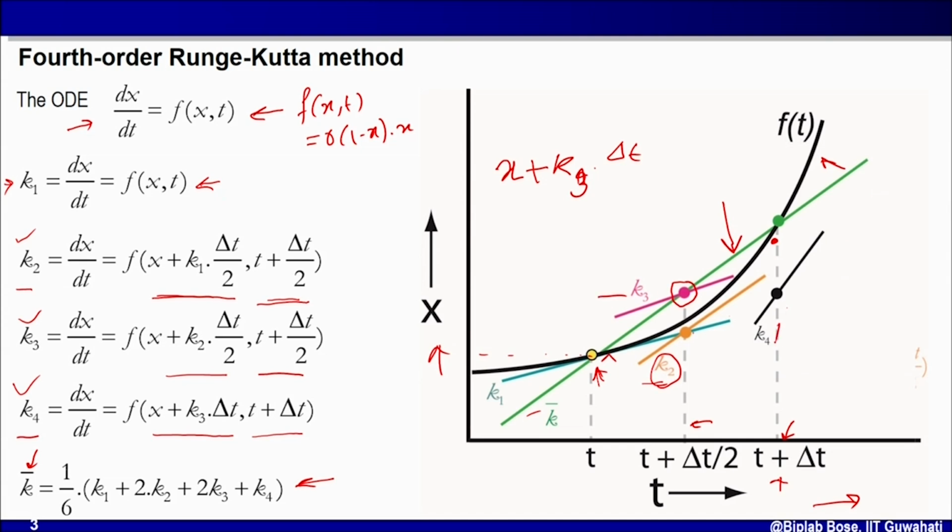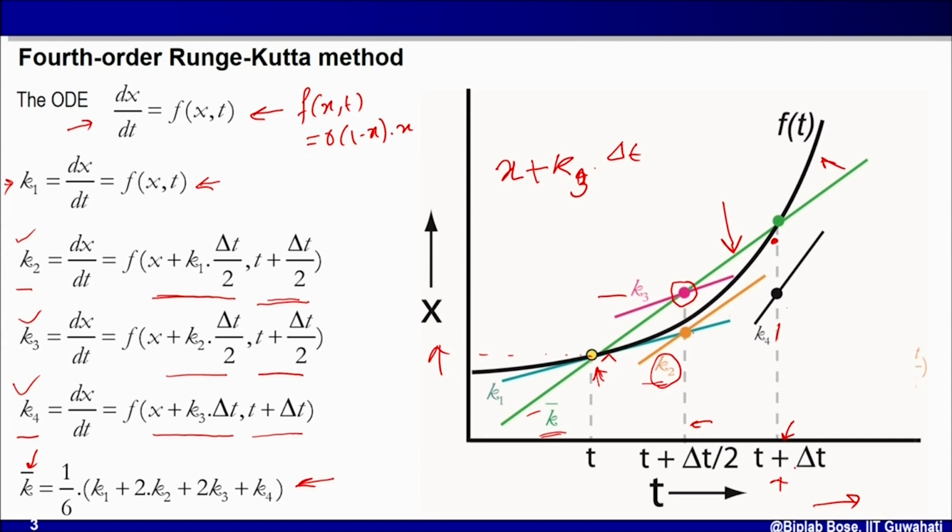I have taken a weighted average of all these four slopes and got a new slope K mean, and I have drawn a line, the green line shown in this graph, which has a slope of mean K and goes through the initial position of x at time t.